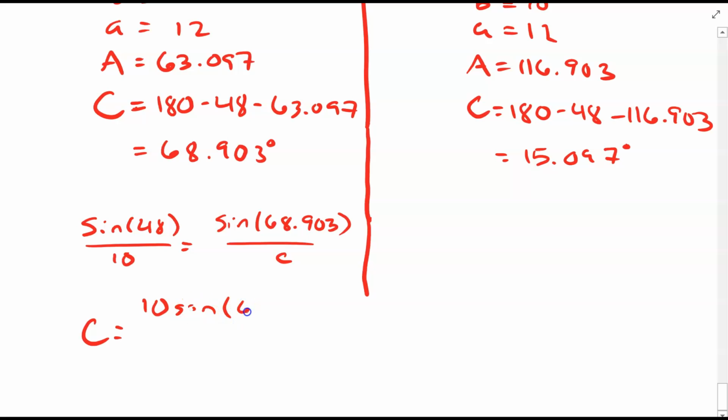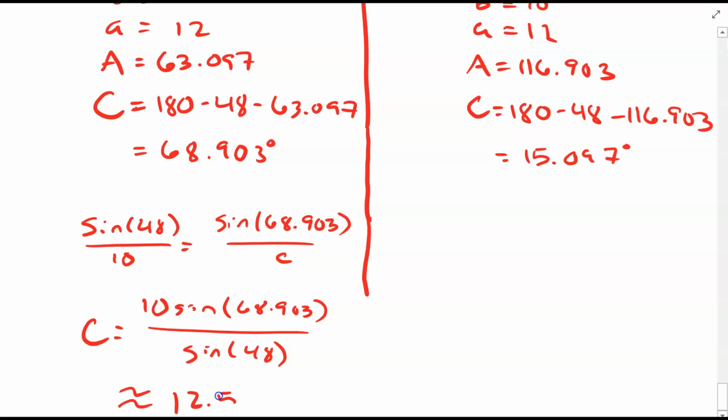So when I cross multiply and divide, I'm going to stop showing the cross multiplication step because I'm kind of sick of doing it. So here I get about 12.554.